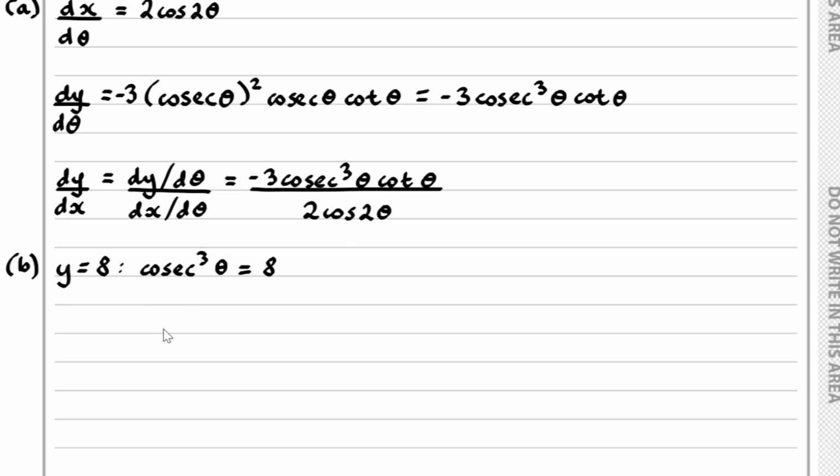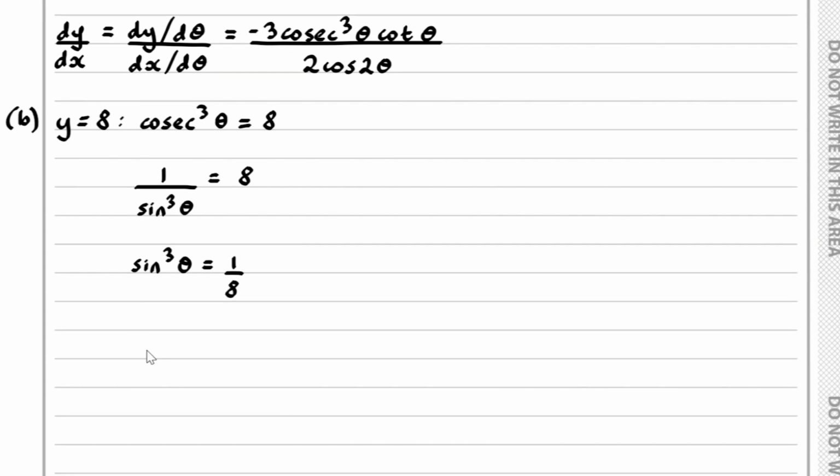So, recognizing that cosec is the same as 1 over sine, cosec cubed is the same as 1 over sine cubed. So we've got 1 over sine cubed theta equals 8. Sine cubed theta is equal to 1/8, from which we can see sine theta is 1/2, and therefore theta is equal to pi over 6.